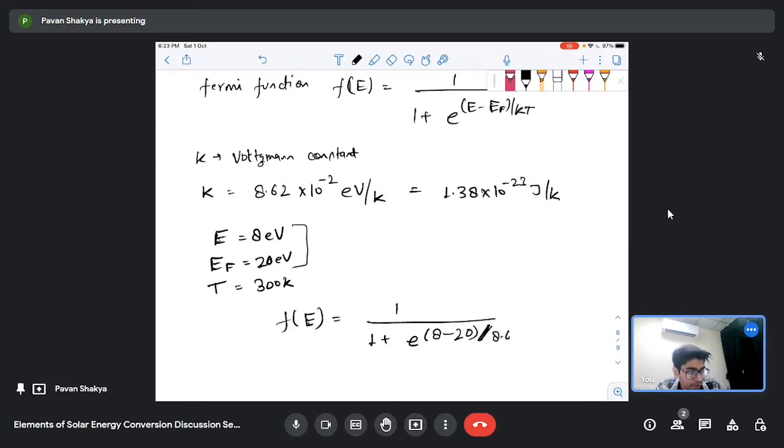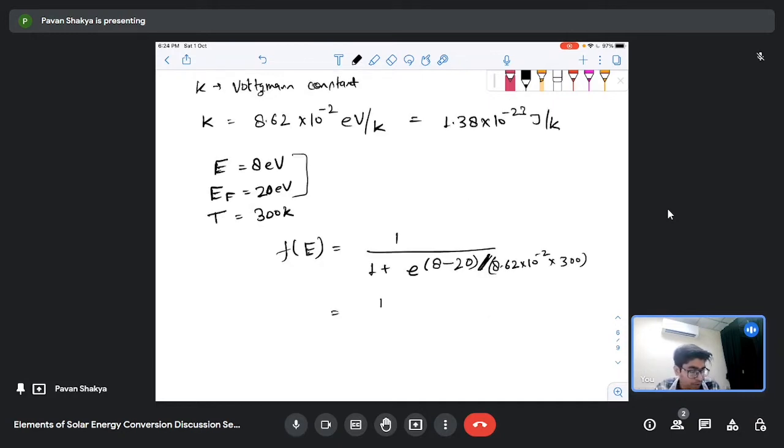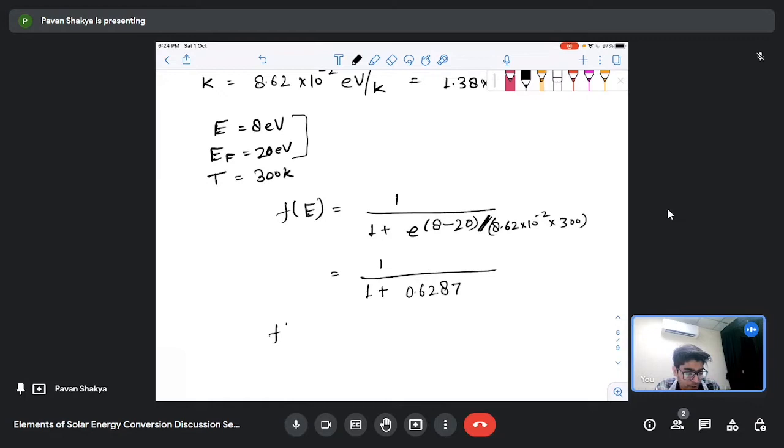That is 8.62 × 10^-2, multiplied by the temperature given in the problem as 300 Kelvin. So now if we solve this, this term will come out as 0.6287, and when you solve, Fe will come out as 0.61.